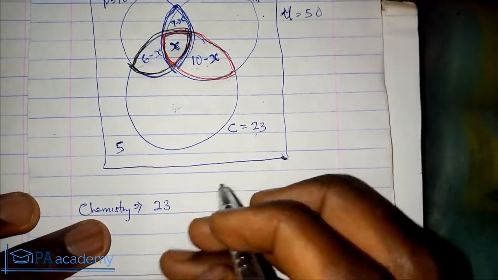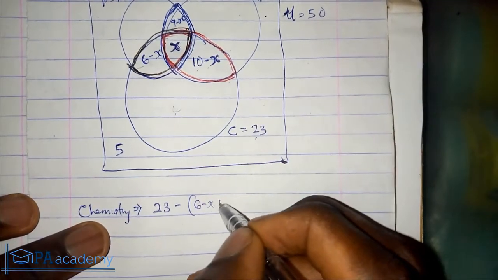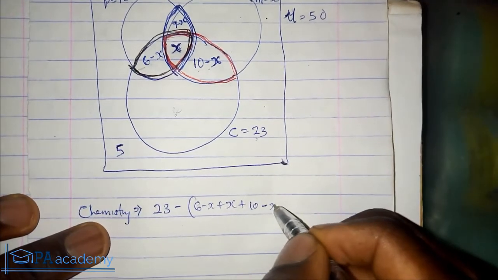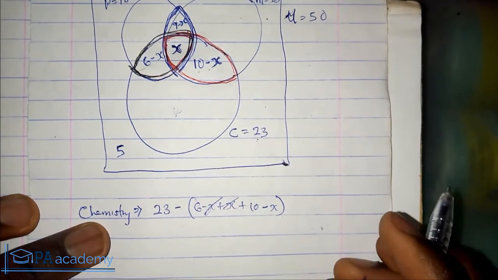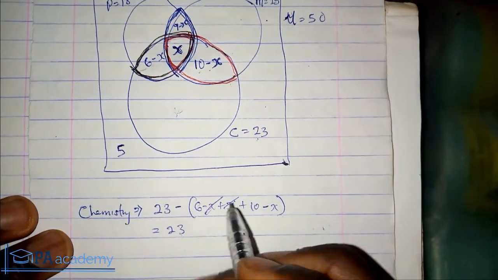So that will be 23 minus, now we are going to add 6 minus X plus X, then plus 10 minus X. From this, minus X plus X cancel out. So we'll be left with 23.